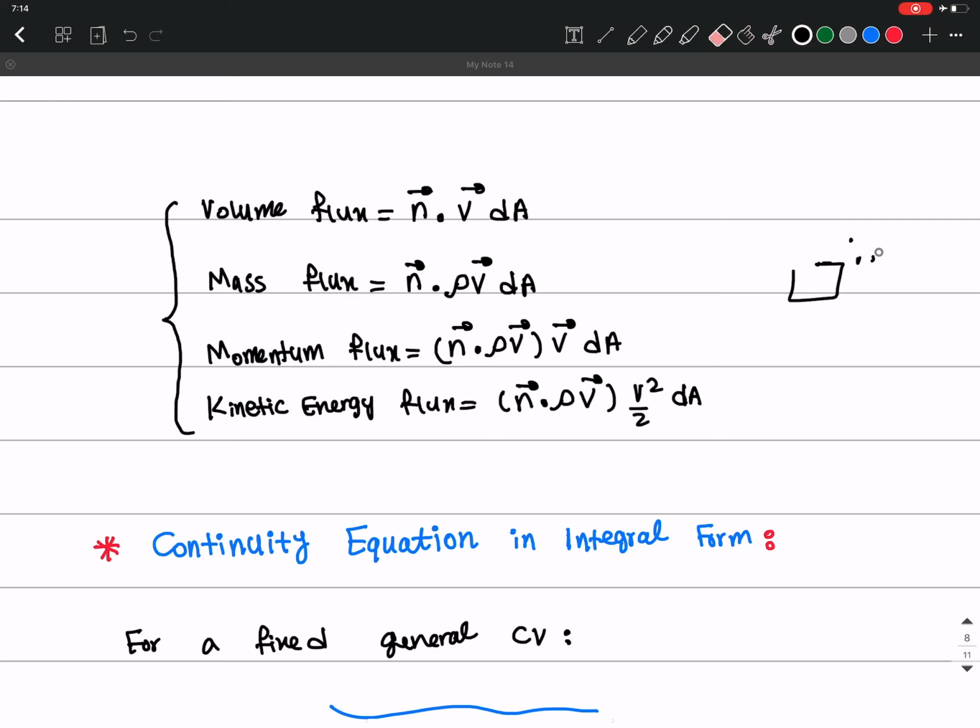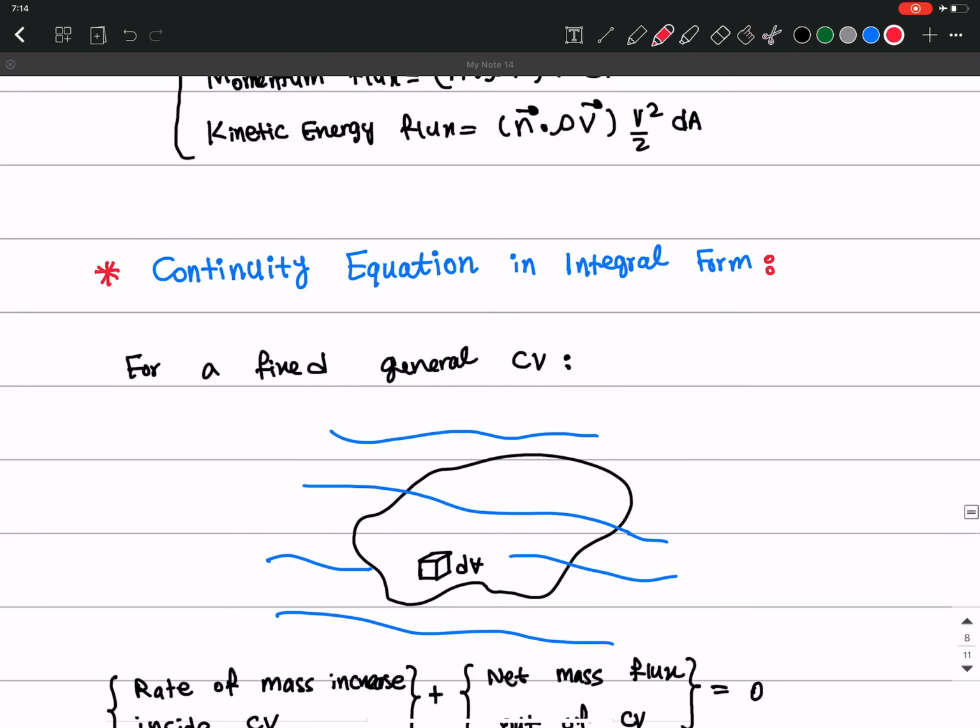So let's say we have it here. It's just one surface element of this control volume, and it has a normal vector n.